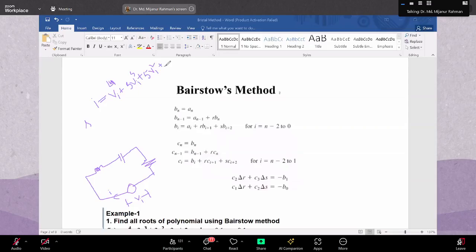Like this equation, you have to apply the Bairstow method to find the root of input voltage Vi.